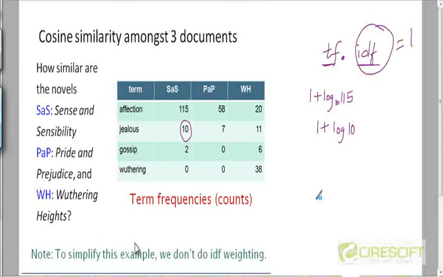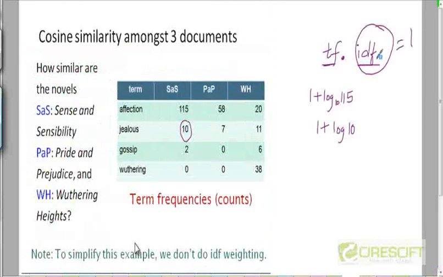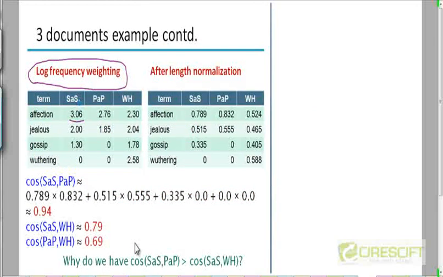The calculations shown in this slide assume a simplified scoring scheme where the IDF score for every term is 1, and so effectively the TF-IDF score is nothing but the TF score. So from these three columns, you can compute what the TF-IDF vectors will be for the documents.